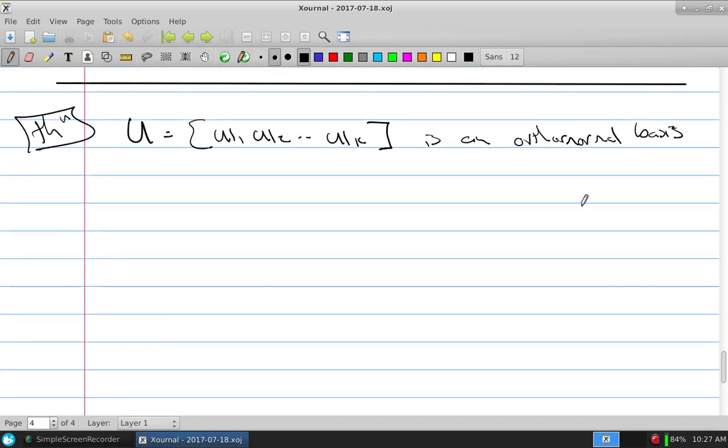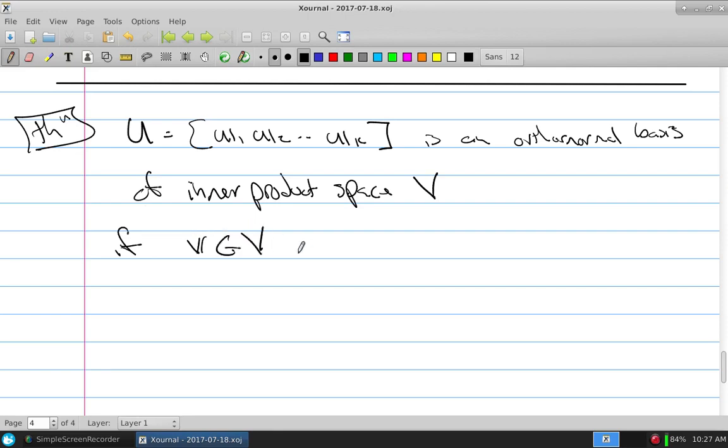Then if it's an orthonormal basis for what it's spanning, say in an inner product space V (orthogonal wouldn't even make sense if we didn't have our inner product), then if you have a vector in this space, that vector is equal to C1 U1 plus C2 U2 plus everything up to CK UK.